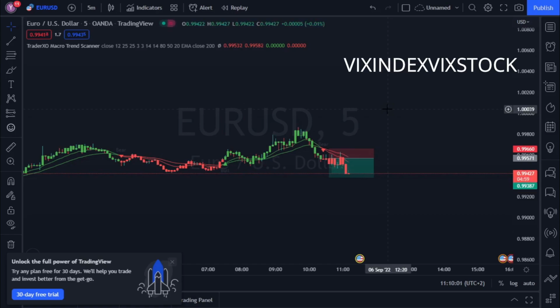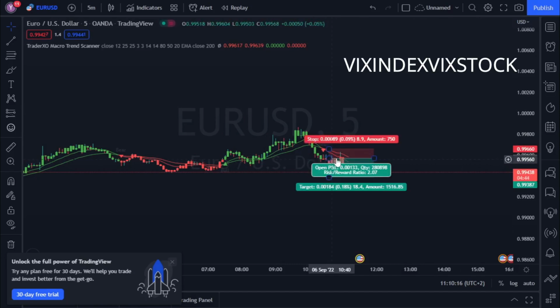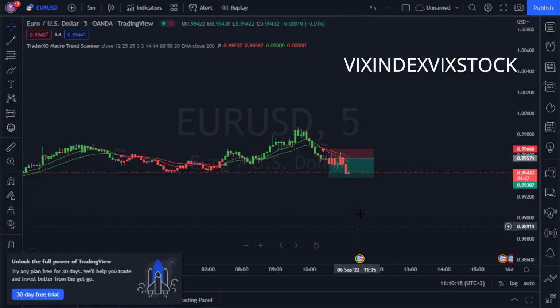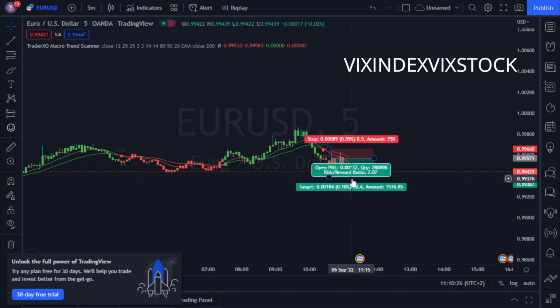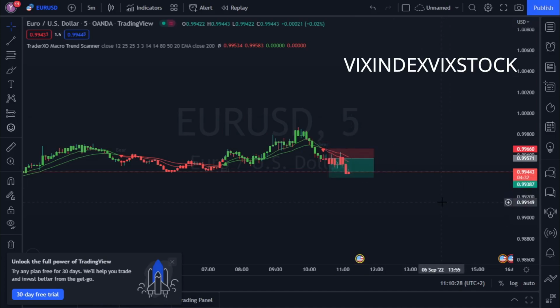Today is the 5th of September 2022. So this is actually just an example on a real life market. It's Euro USD on the 5 minute time frame. So if you had taken a sell there, you could have been in some good profit by now, and you could have decided whether you want to close the trade or let it go and hit your TP.